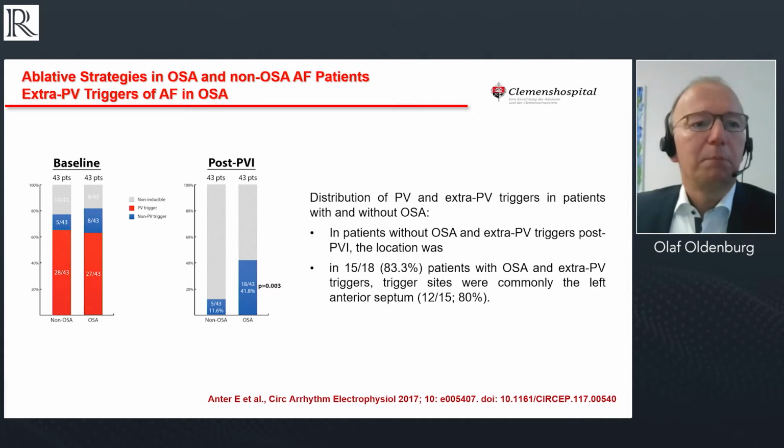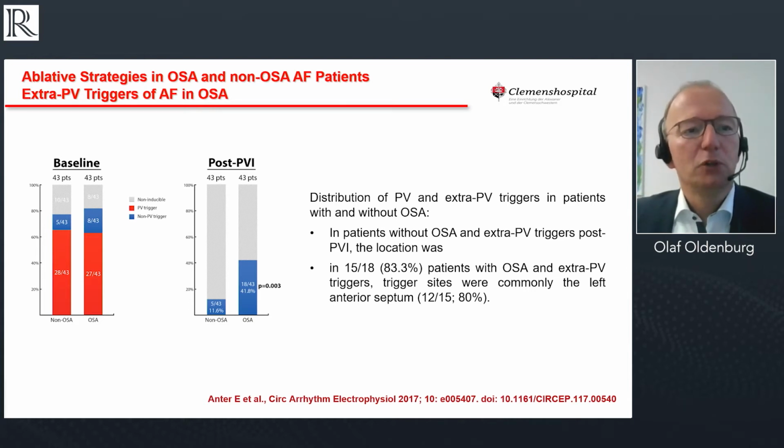But what about ablative strategies in OSA and non-OSA AF patients? And again, I'm not the EP guy here, but if you look for triggers of atrial fibrillation in patients having no obstructive sleep apnea and obstructive sleep apnea, you might see a little difference here, which is the pulmonary vein being the most relevant trigger of AFib, and the non-PV triggers play only a minor role.